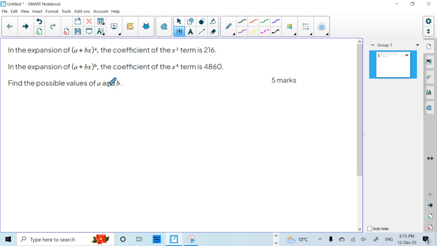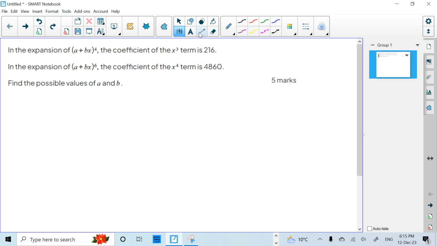I'm going to split this up into our two expansions, so just a little table perhaps.